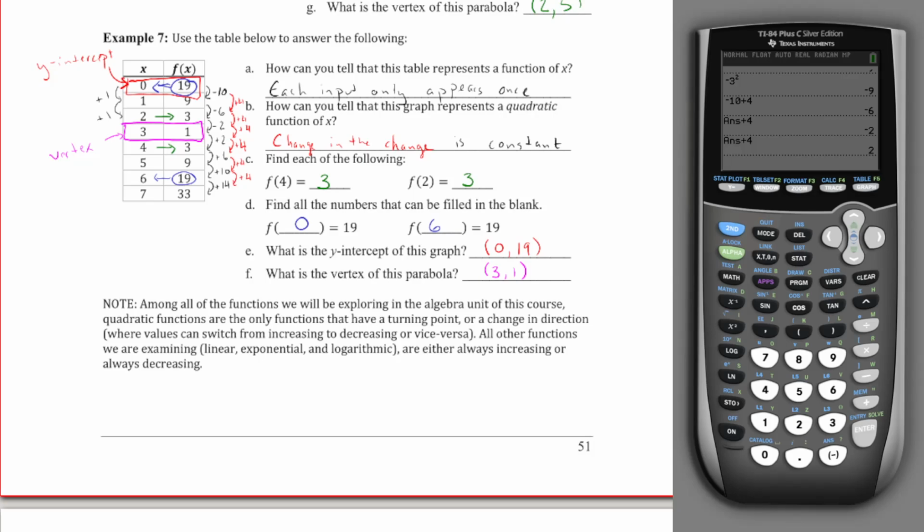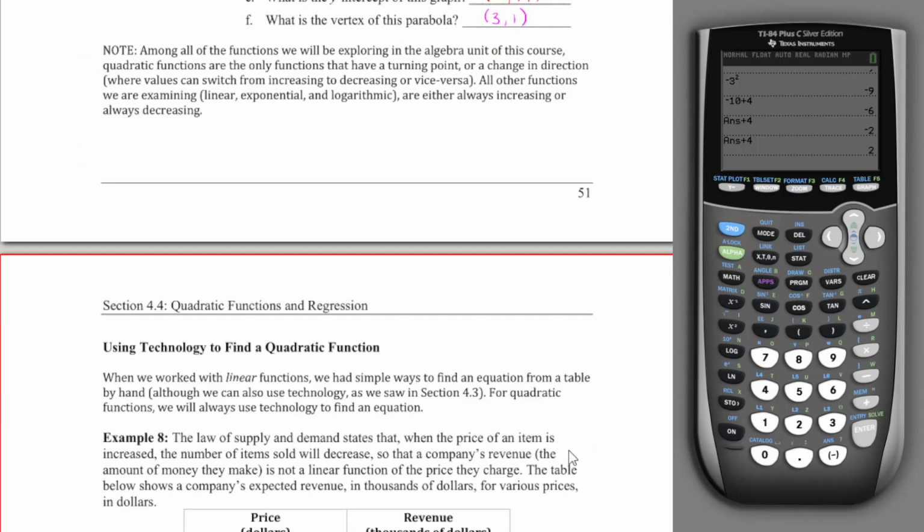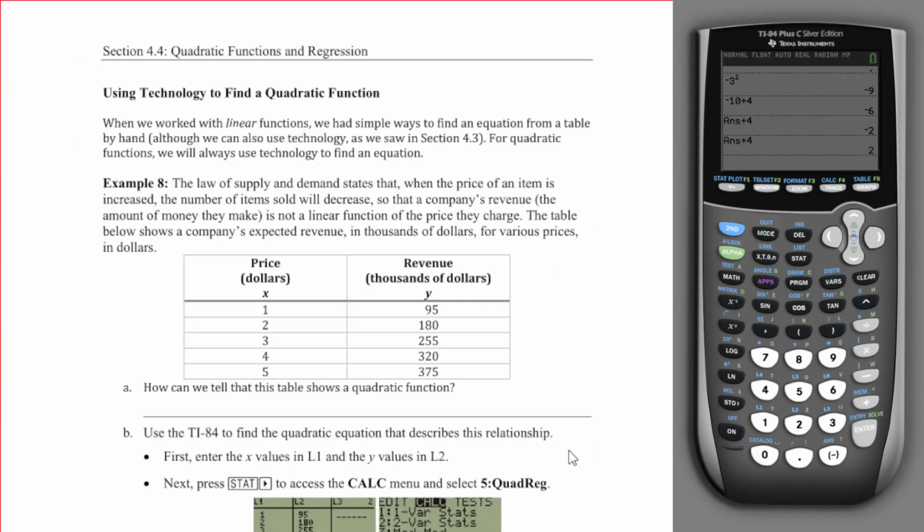Okay, so we've looked at graphs and tables. Let's see how we can actually work with a quadratic function from its equation. And when we work with the equations of quadratic functions, we're going to make significant use of technology. When we work with linear functions, we could go from a table to an equation by hand.